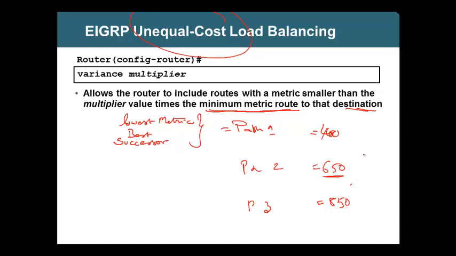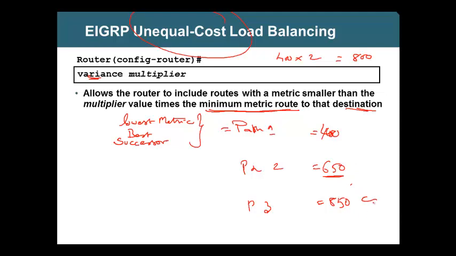For load balancing using variance across the unequal cost paths, we need to decide how many paths we need. See, if I want all these 3 paths, my variance value will be 3. Why? Variance is this 400 multiplied by 2. What is the answer? 800.